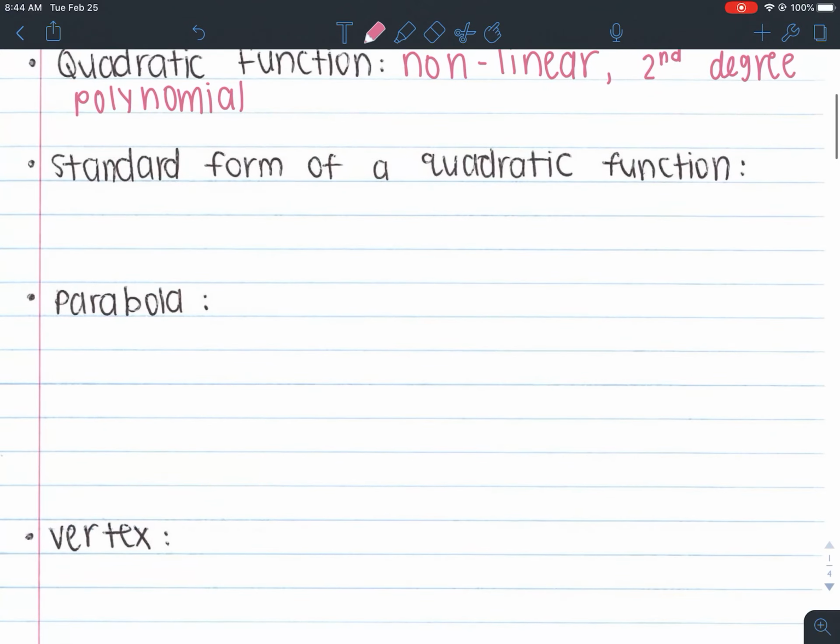Now we did talk about standard form of a quadratic in Unit 6 a little bit, and that is ax squared plus bx plus c. Remember, standard form is you want to go from the highest exponent to the lowest exponent. Now that this is a function, we now have an equation. So it is going to start off as y equals. Kind of like how we had y equals mx plus b, and then point slope, and all those things where we can graph them and have equations in our calculators.